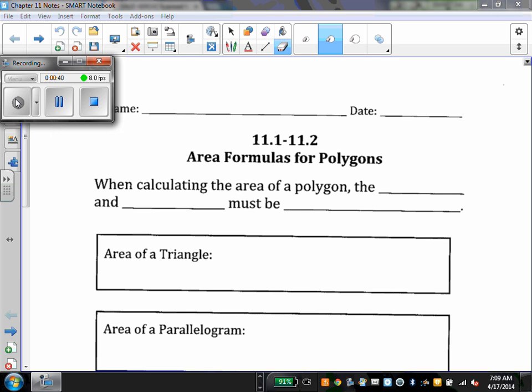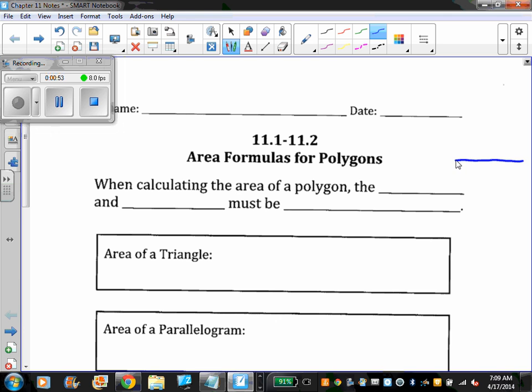Now, many of the formulas that you're going to see here today are going to be using the ideas of a base and a height. And what you should think of with that is, oftentimes we're going to have different lengths for these. But let's say that we have this segment and we call this the base. The height compared to that base is going to be sticking straight out of it, and the key is that there's going to be a 90-degree angle between them. They will be perpendicular to each other.